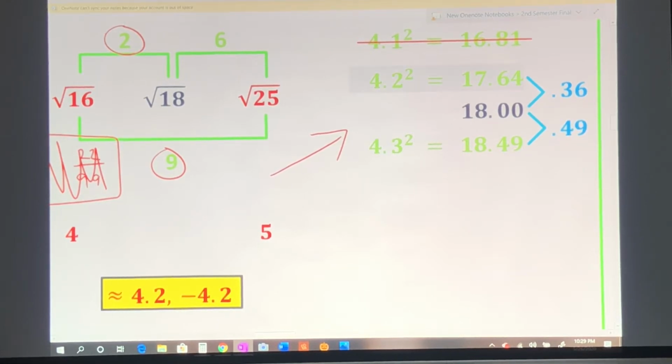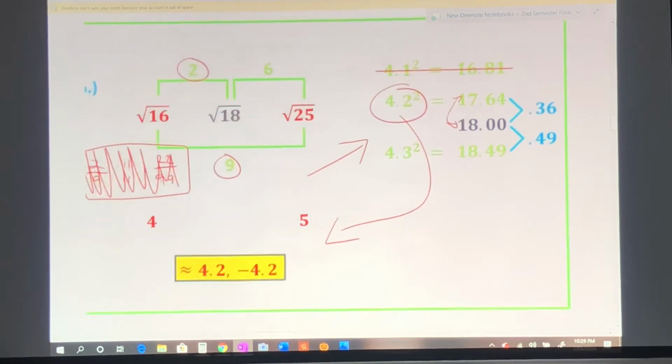I'd say it's either 4.2 or 4.3, and we rounded it to 4.2 because it's only 0.36 away. It's closer. So we went with 4.2, and there we go, the positive and the negative. Hope that helped.